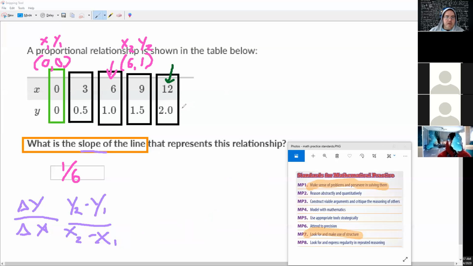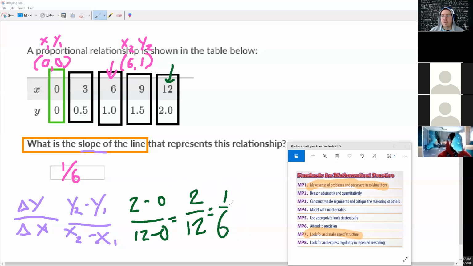So y2 would be 2, so that'd be 2 minus 0, and x2 would have been 12, so that'd be 12 minus 0. So we would have gotten 2 over 12, which simplifies to 1/6. So it would not have mattered.